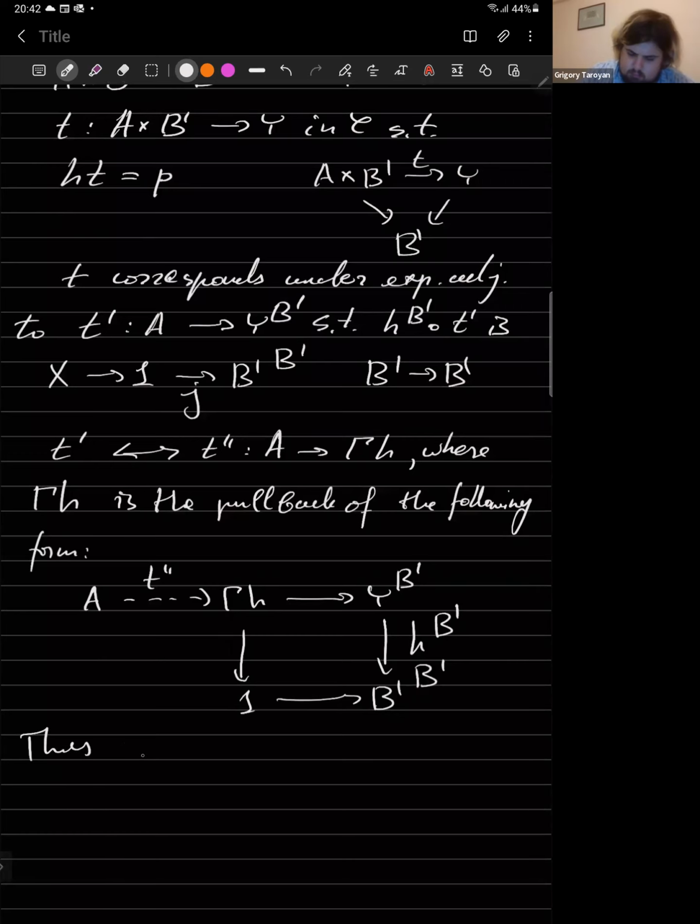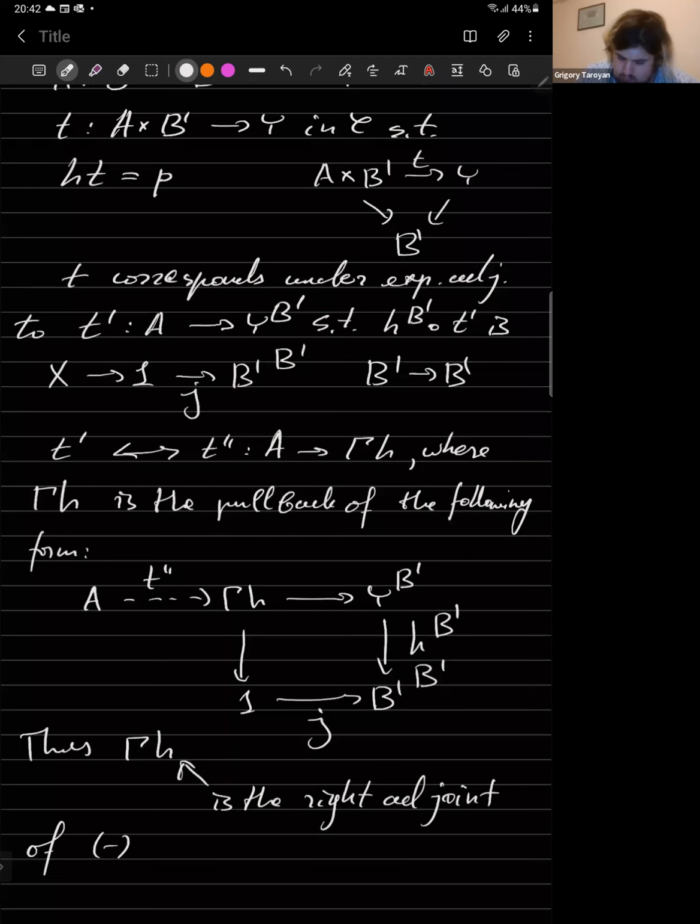Thus, gamma H, which is a pullback of this exponential along this coevaluation map J, is the right adjoint of this product functor.